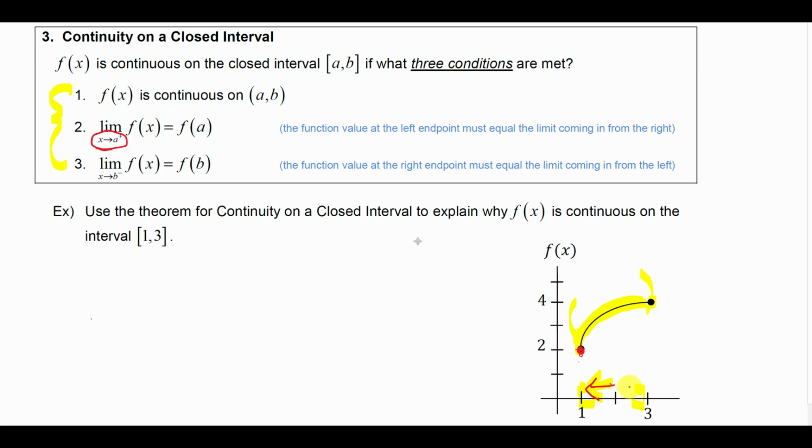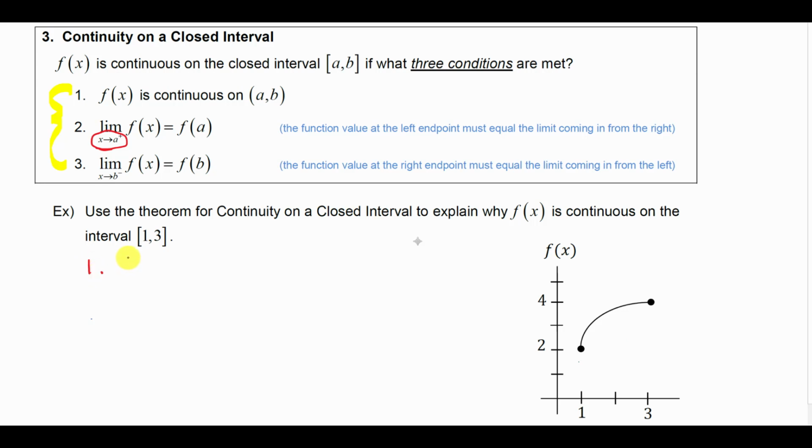And this time you only look at the left limit as x approaches the endpoint b. And that's equal to the function value. Then we say this function is continuous on the closed interval a to b. So we're going to use numbers and look at this function and decide whether it is continuous on the closed interval 1 to 3.